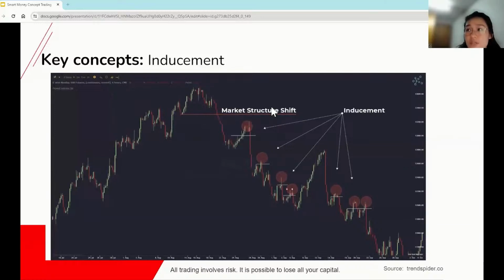The inducement starts when there is a short-term high, not really a swing high, that then reverses off and creates this kind of shape, like price is dropping or there is a rejection of this area. In these areas, we can expect to place our stops right after the inducement areas.